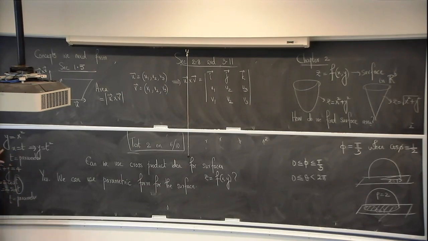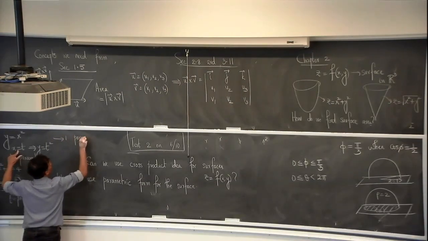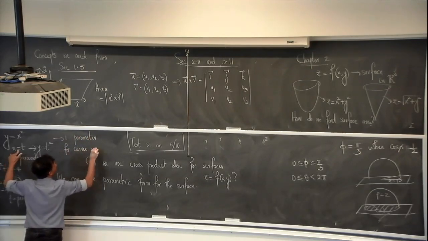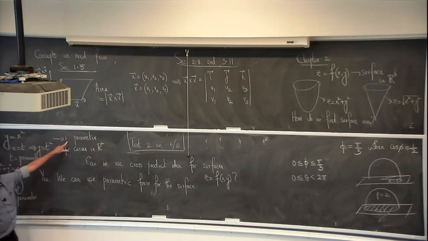So for a curve in R2, we needed just one parameter. So you have two variables, one parameter. Okay, that is the pattern I want you to develop here. Two variables, one parameter.